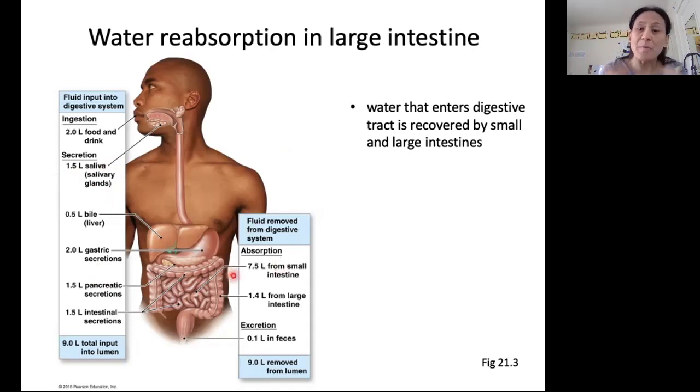Most of that absorption happens in the small intestine, about 7.5 liters, and then another portion of it gets absorbed in the large intestine. As you can see, a very small amount of it gets excreted in the feces. So it's the job of the large intestine to finish off the job of absorbing water so that very little of it ends up leaving our body in the form of feces. Okay.